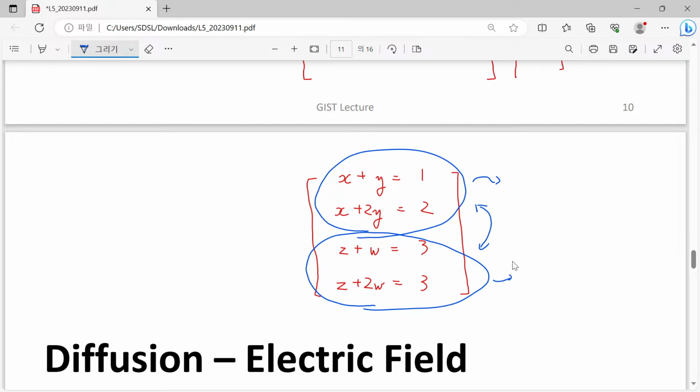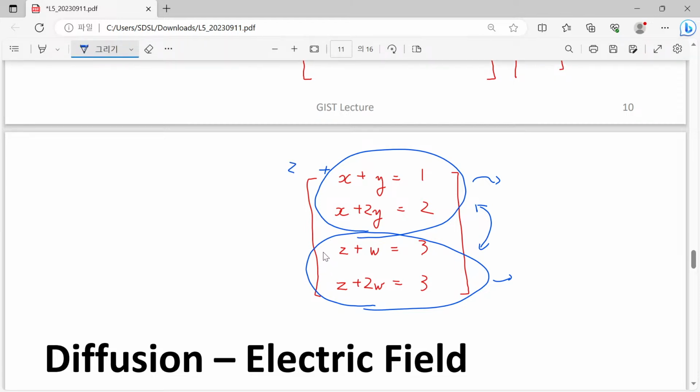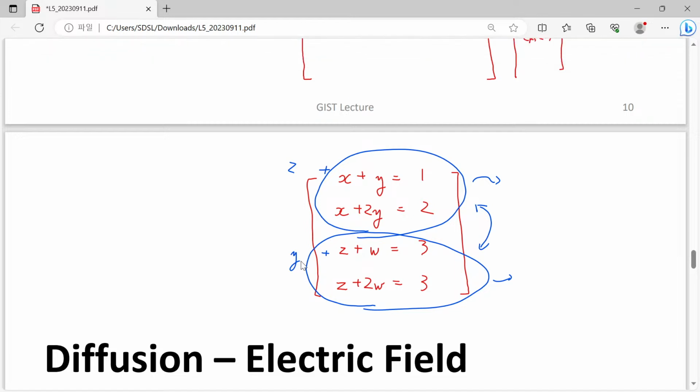That is an educated student. However, let's say that I just introduced one term like z here and I added something like y here. Then what will happen? Then immediately this division becomes impossible and we have to consider the full system.